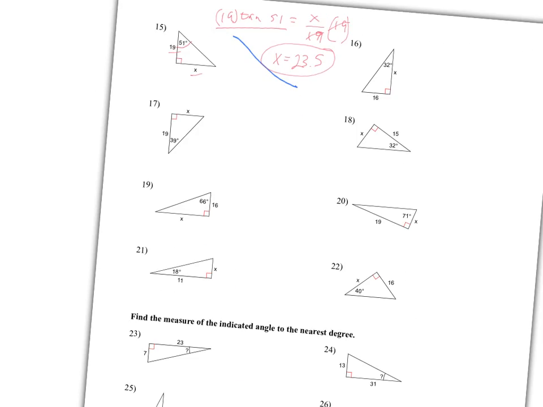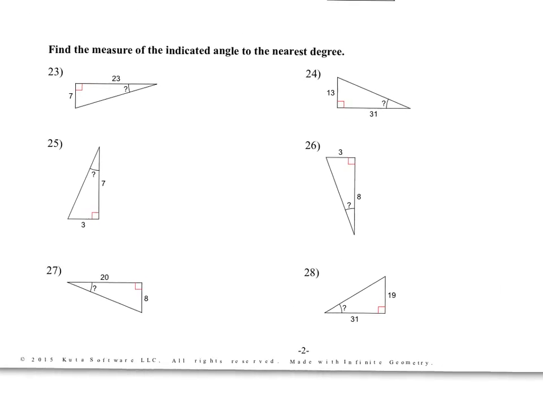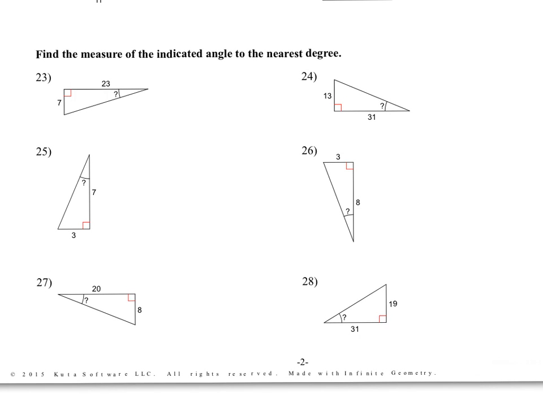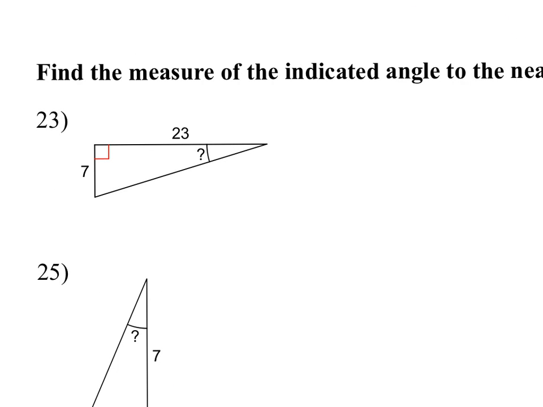Now 23 through 24, notice you do not have any angle measures. You have all the side measures, so that's where you're going to use that inverse. All of these problems, you're going to use the second tangent option. So if we're looking at 23, we don't know this angle measure, it's x, so the tangent of x is equal to opposite over adjacent.